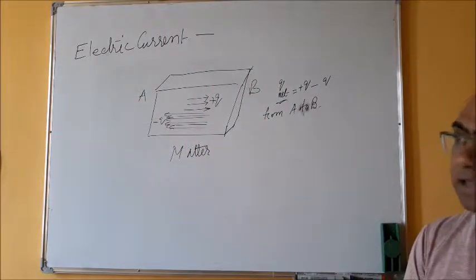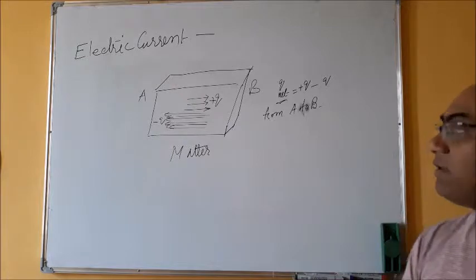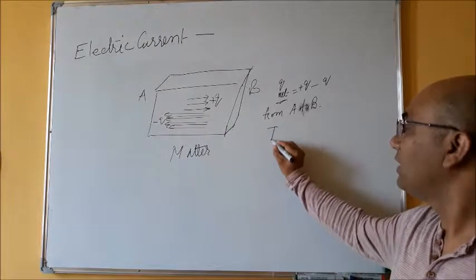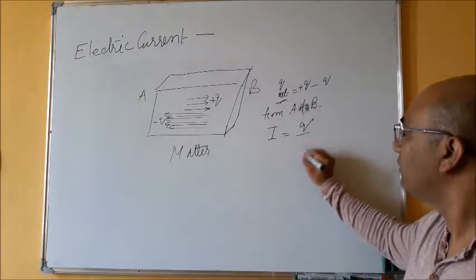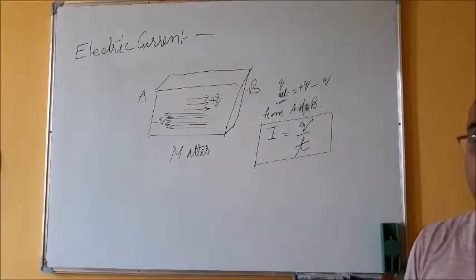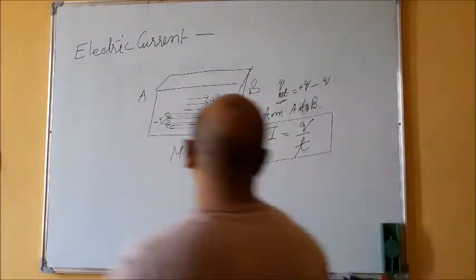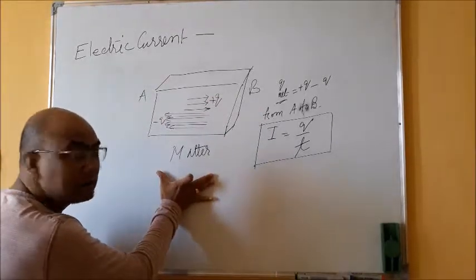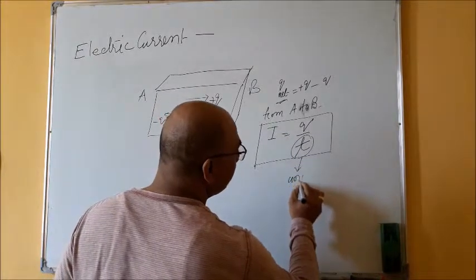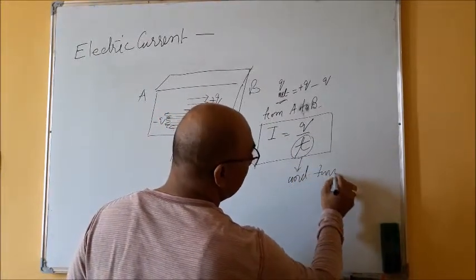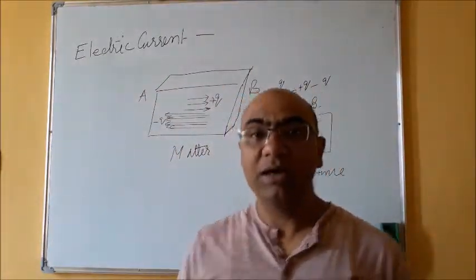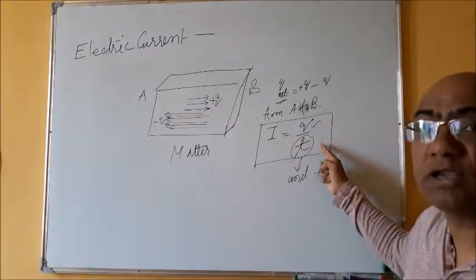So at any point the net charge is given by the sum of positive charge and negative charge, and in that way the current is defined as I equals q upon t. We see how many charged particles are moving from any surface in unit time, and hence electric current can be defined as the charge per unit time.